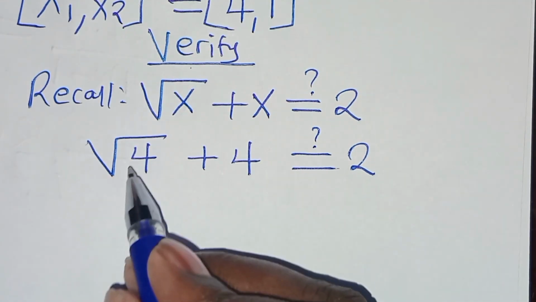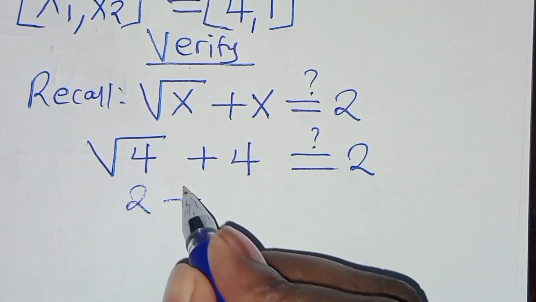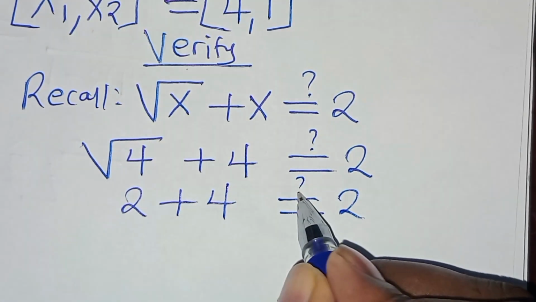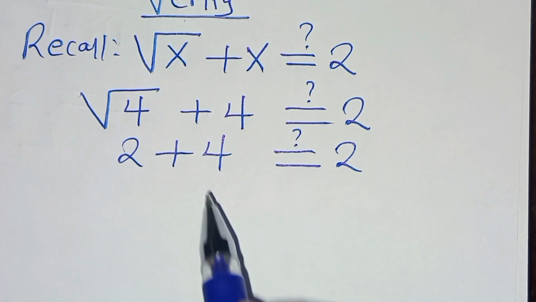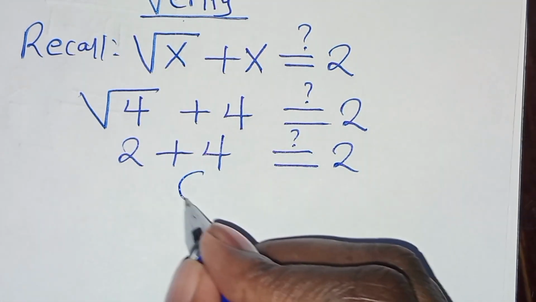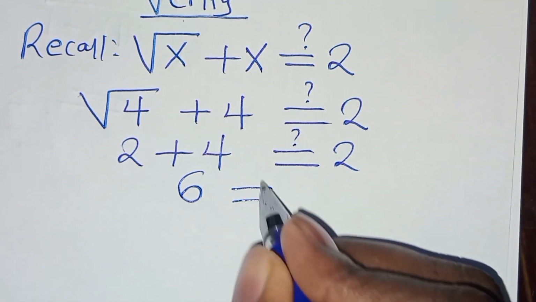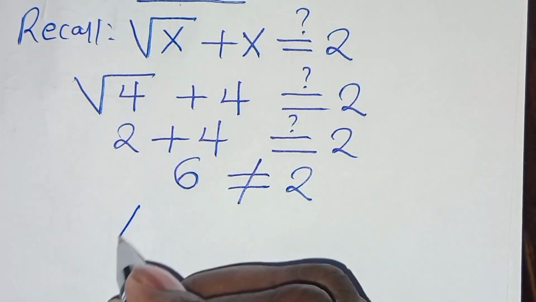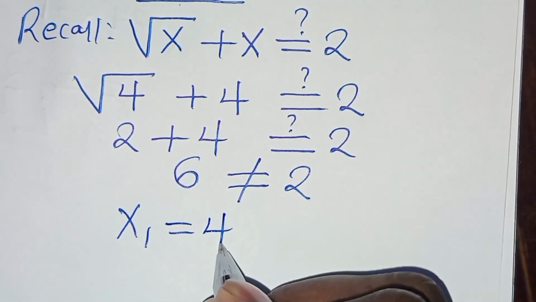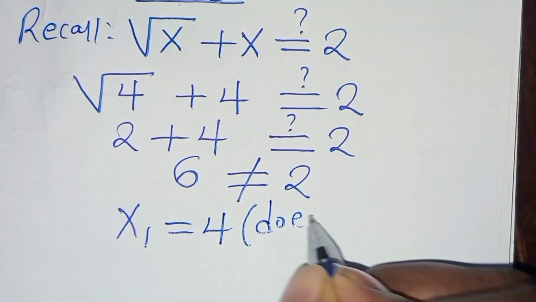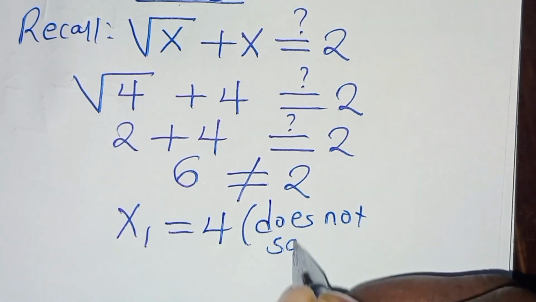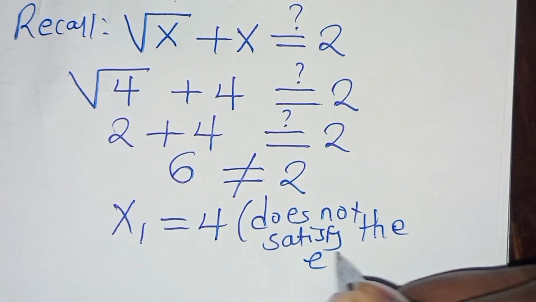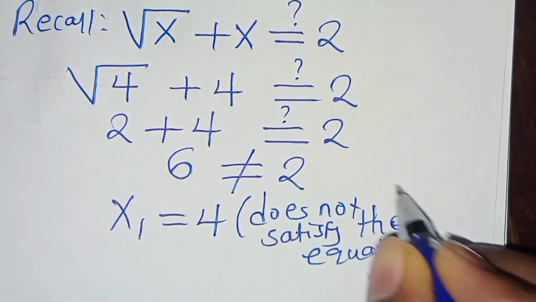The square root of 4 is equal to 2, then plus 4. Clearly 2 plus 4 is equal to 6, which is not equal to 2. So x1, which is equal to 4, does not satisfy the equation.